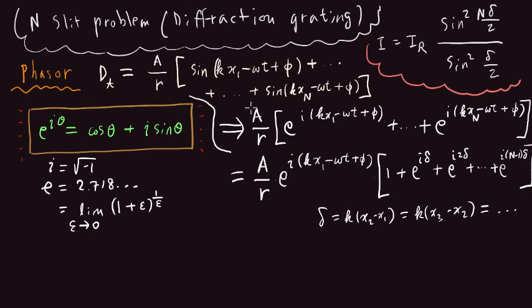So now you notice that this is just a geometric series, and you can sum it up and express it nicely, write down the final answer, identify the imaginary part, get rid of that i, and you will get the answer from that imaginary part.